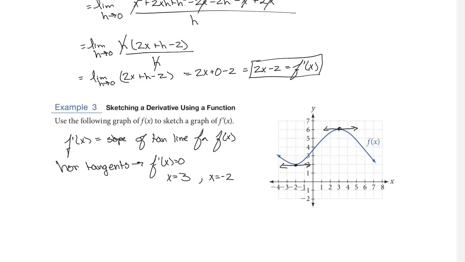And then let's talk about where that function is increasing. So f of x is increasing between negative 2 and 3, which means this function is positive.